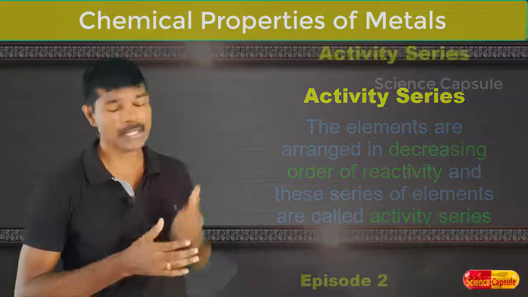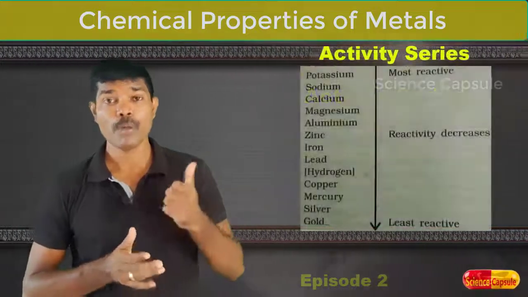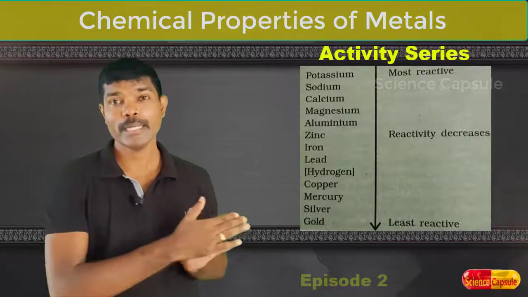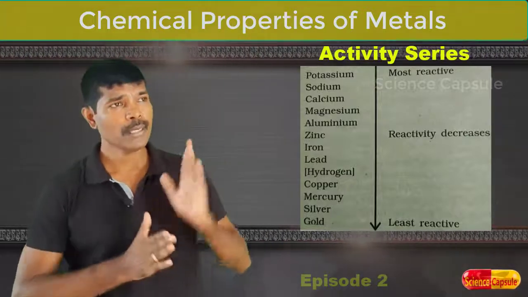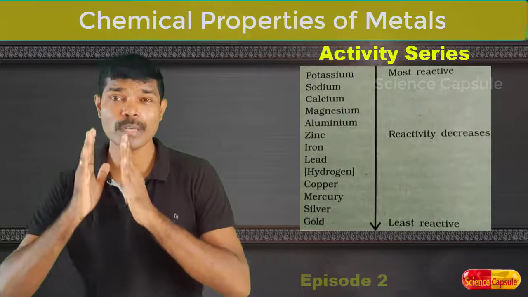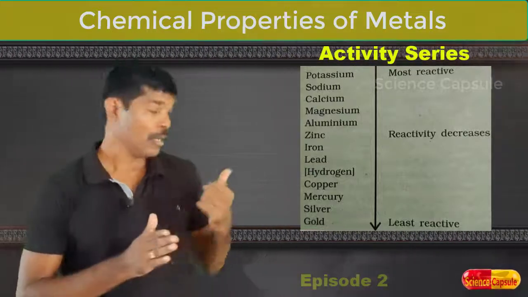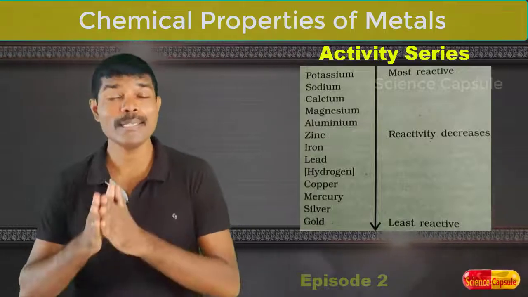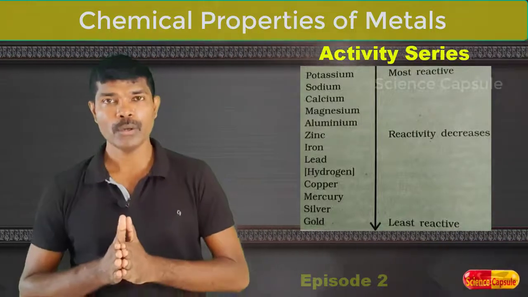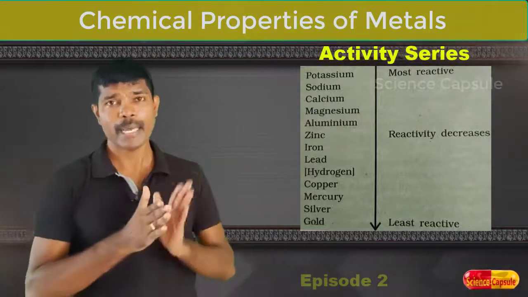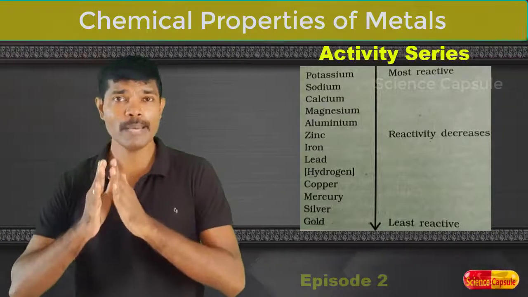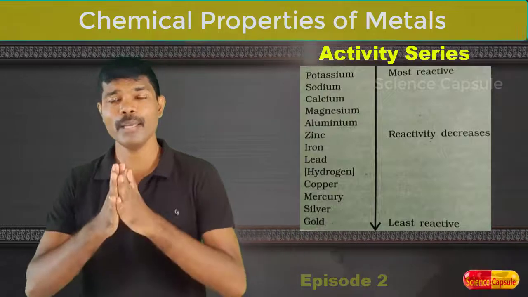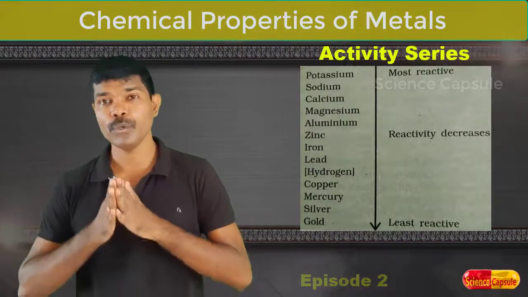As you can see on the screen, at the top potassium is there, and at the bottom you can see gold, which means potassium is the most reactive metal and gold is the least reactive metal.